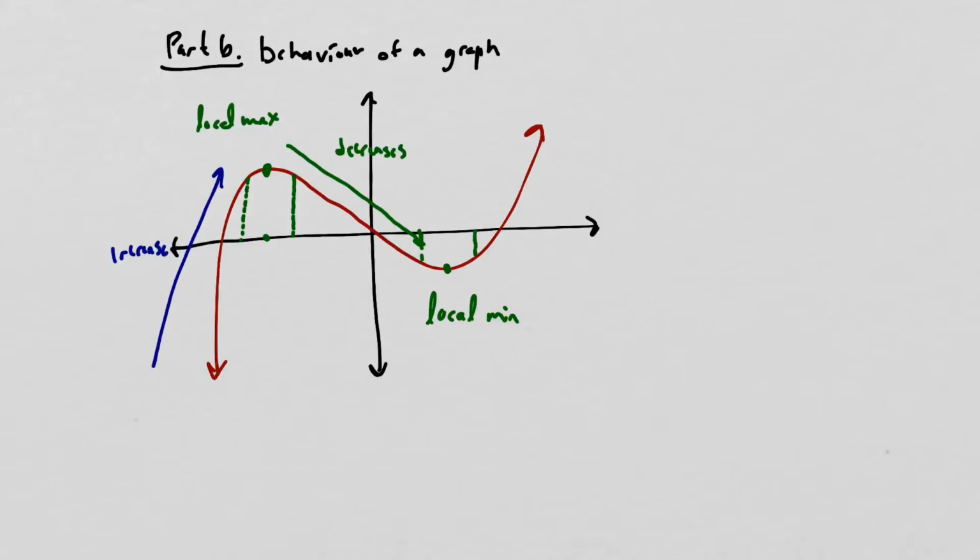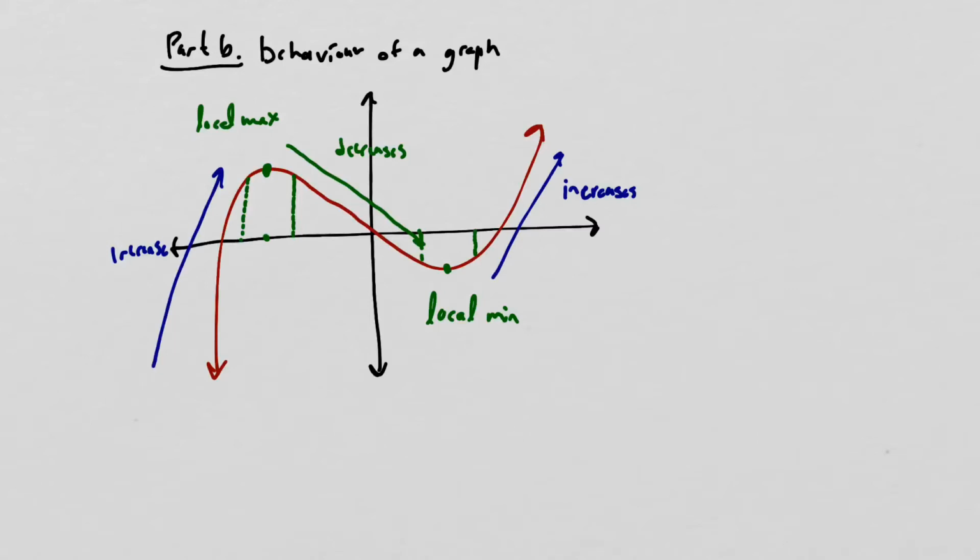Finally, from our local min onward, our function's only increasing again. These points on our graphs, called local max and local min, are the points of change for our graph. If we had a local max that was increasing on both sides, then it wouldn't be a local max. That's not possible. So local maxes and local mins are going to tell you how your functions are behaving from left to right.